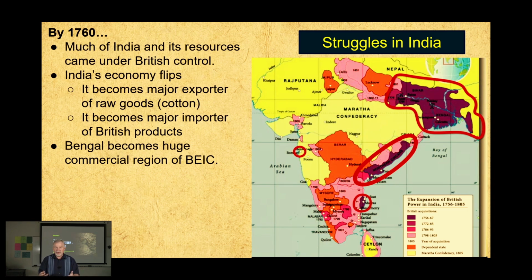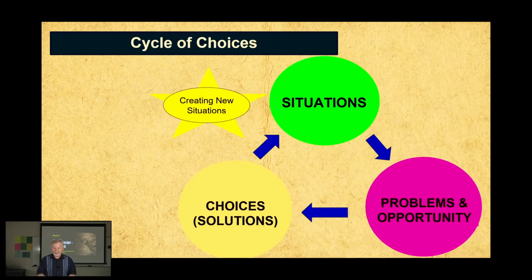So between the two, you can weigh which one is better and which is worse. In this case, the British are using the locals to help maintain what they have conquered, or what they've taken over. So, go back to your cycle of choices.